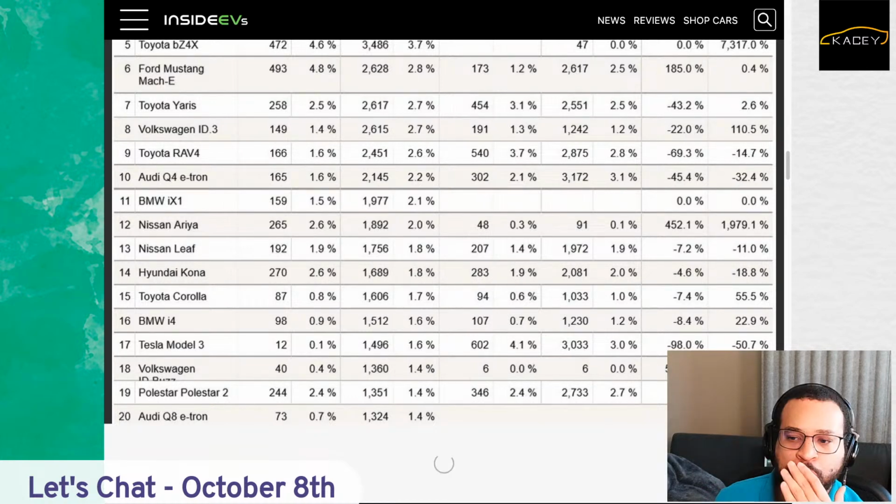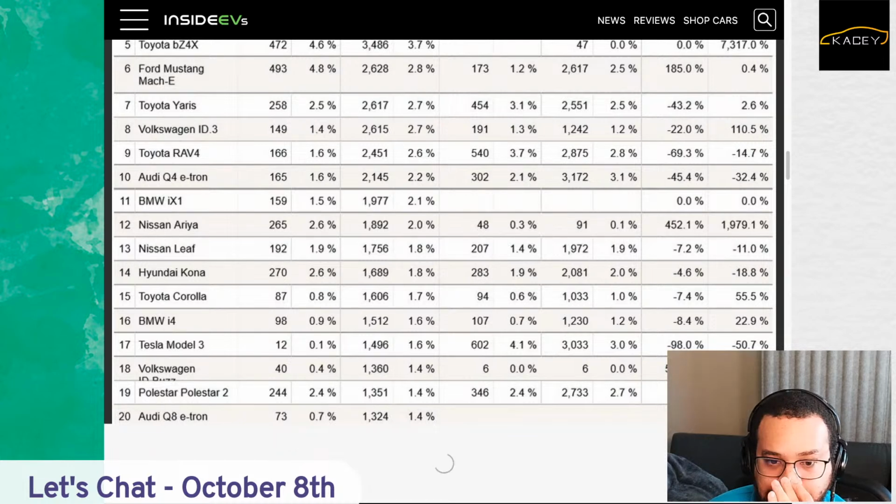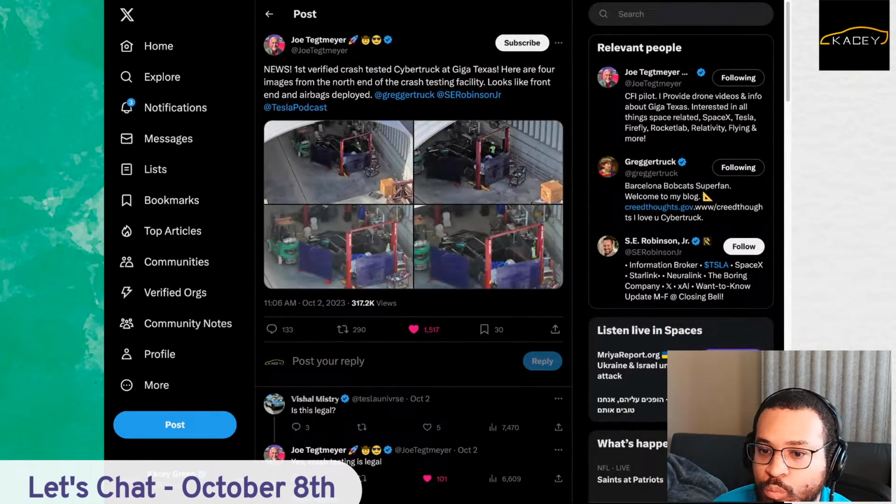So we saw the photos of the crash tested Cybertruck on the truck. Now we get to see some crash tested Cybertruck at the factory. First verified crash test Cybertruck at Giga Texas. Here are 4 images from the north end of the crash testing facility. Looks like front end and airbags deployed.